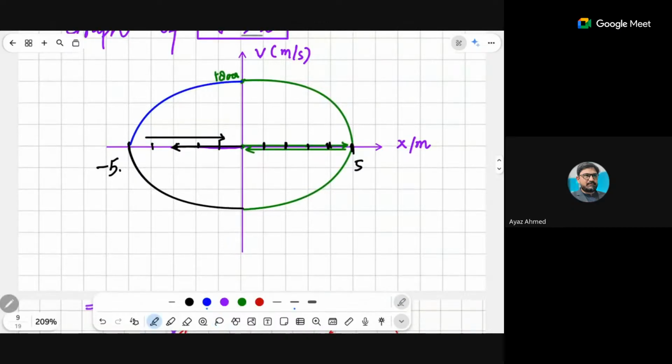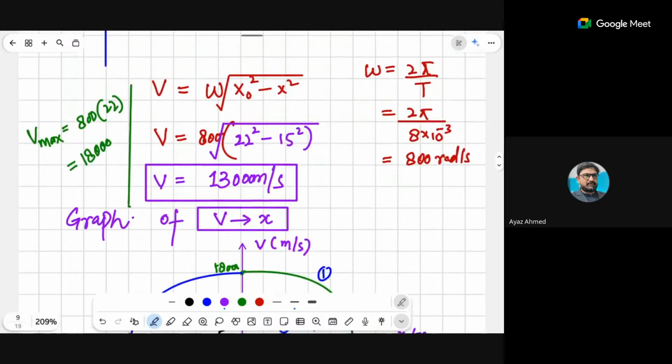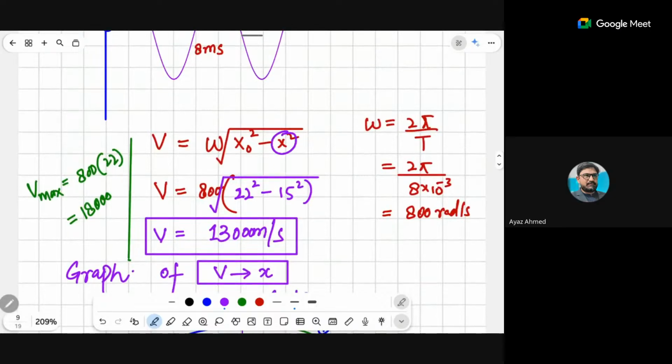Here, for example, this is the first half: X increases, V decreases, isn't it? Because that is direct. If this number increases, the overall number will decrease, isn't it?